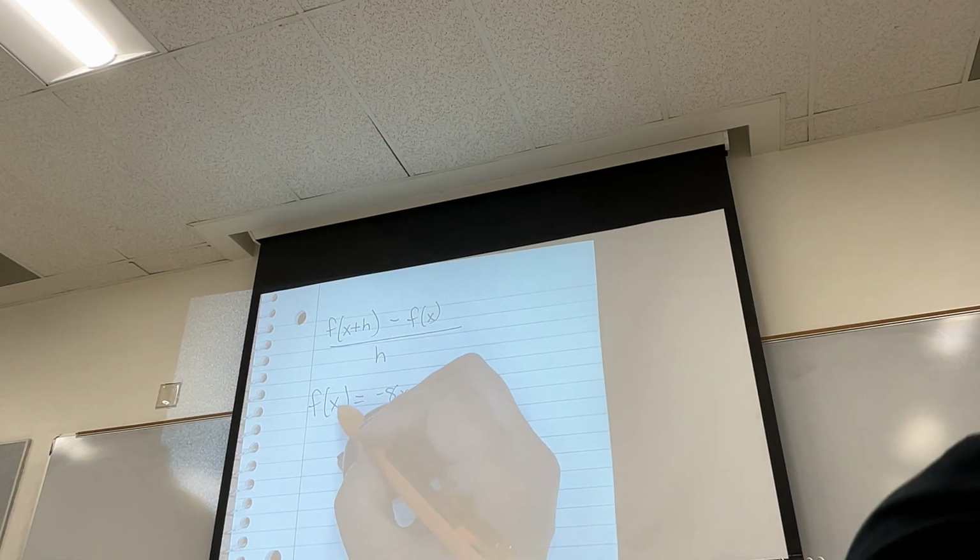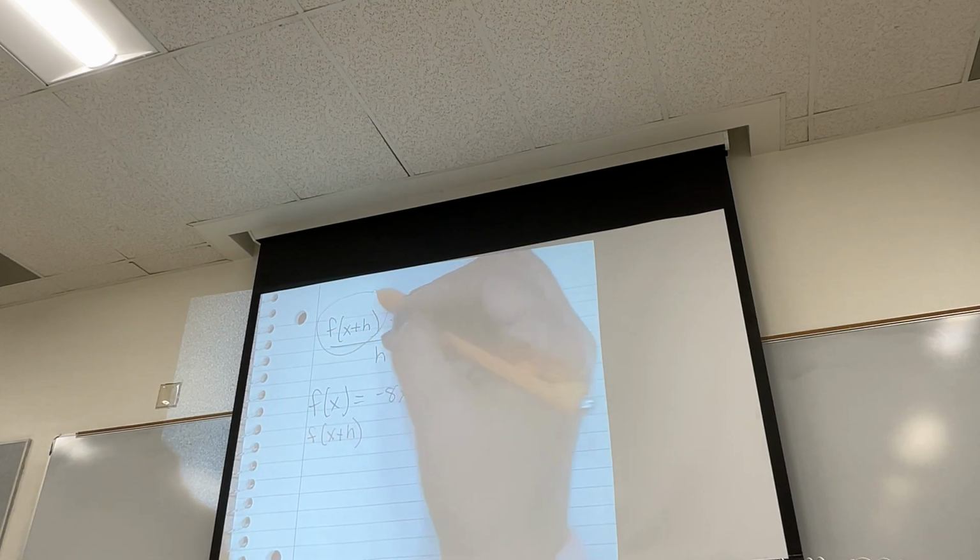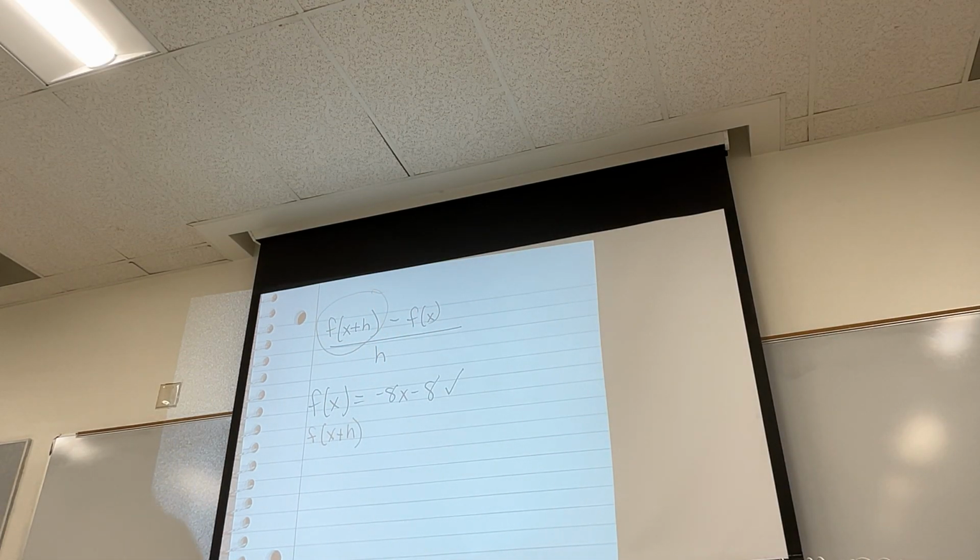All right. So what we're saying is, I want to replace every x with an x plus h. That's the first part. So that means if this is my function, everywhere I see an x, it's going to now become a what? So this would be negative 8, but you need parentheses, so we distribute the negative 8, minus 8.